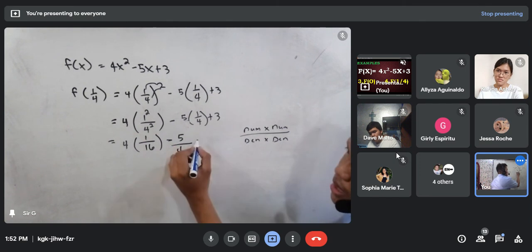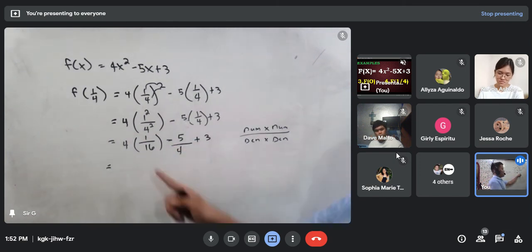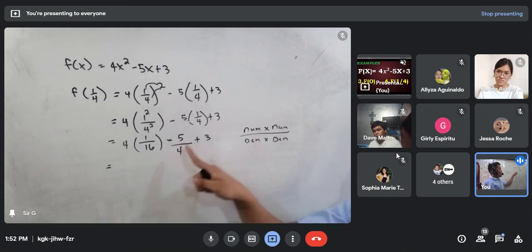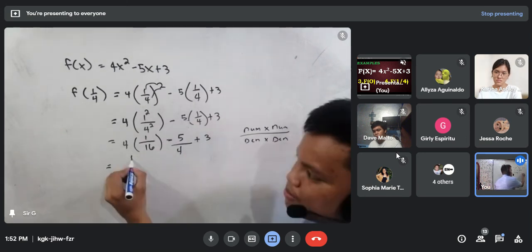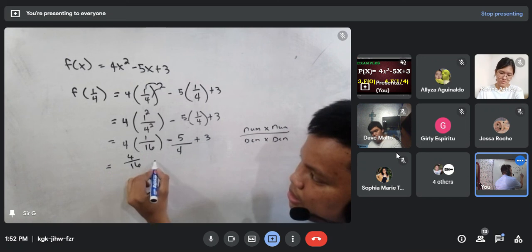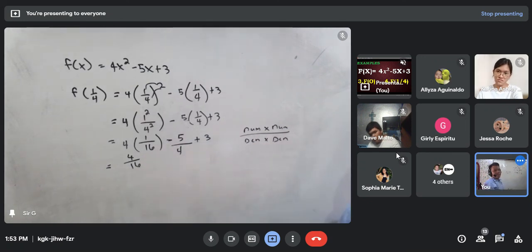Then, plus 3. Study this, okay? And also, what will happen here? Like what we did here, numerator to numerator, denominator to denominator. It will become 4 over 16. What is the simplest form of 4 over 16? 1/4.